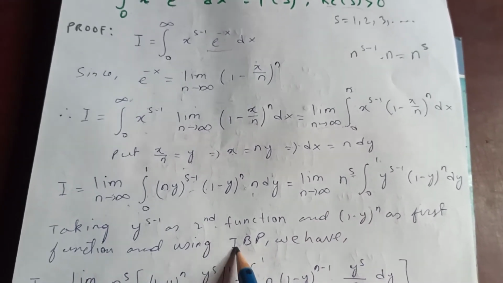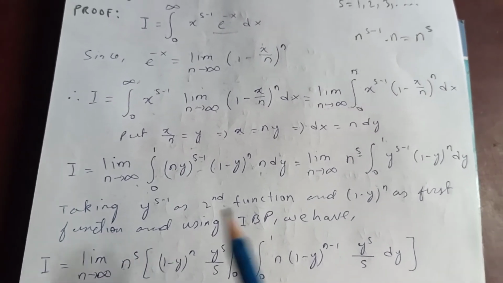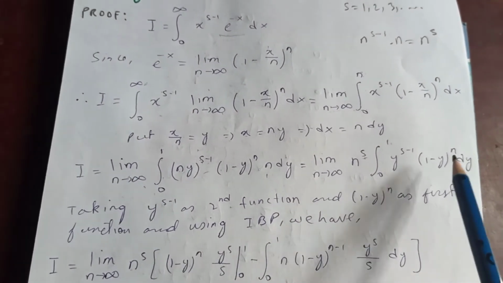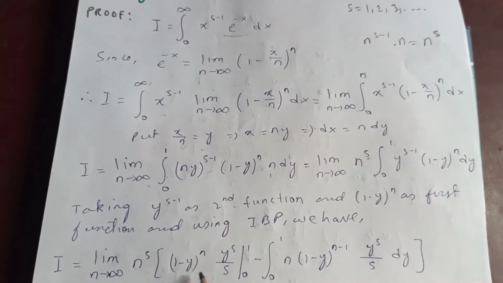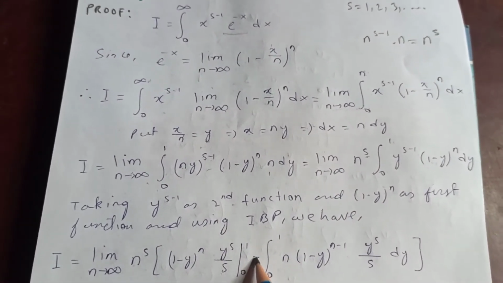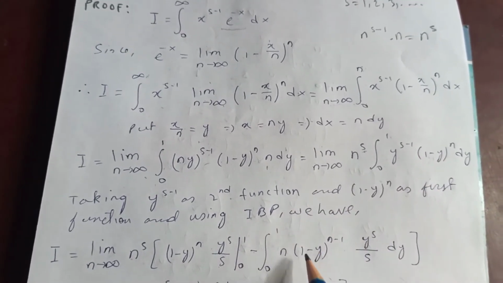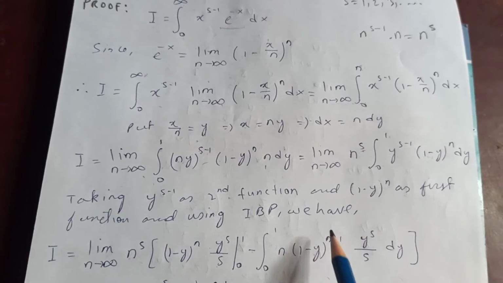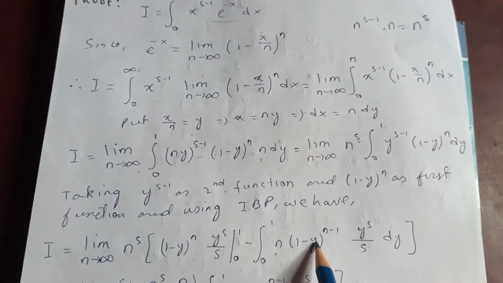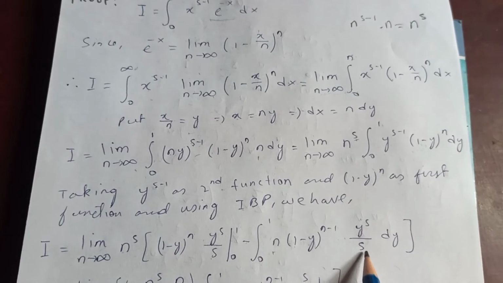Using integration by parts, we have I equal to limit n tends to infinity n to the s times: 1 minus y to the n is the first function, the integration of the second will be y to the s upon s, from 0 to 1, minus the integral from 0 to 1 of the differentiation of the first function, which is negative n times 1 minus y to the n minus 1, into the integration of y to the s minus 1, which is y to the s upon s, dy.